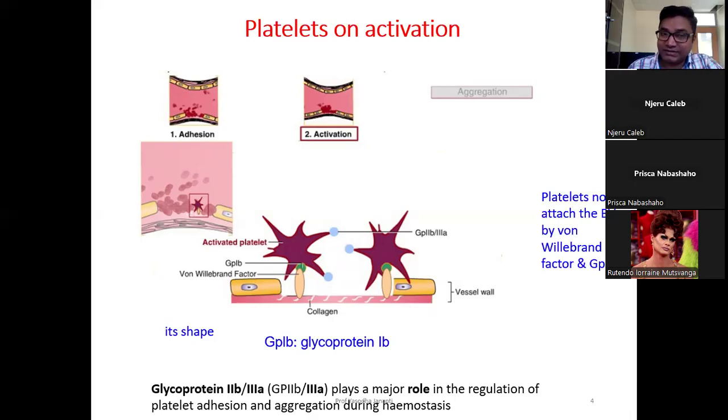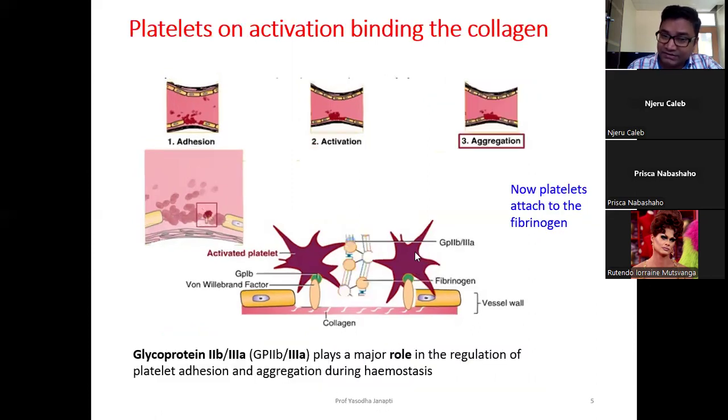This is how platelet aggregation occurs. Cross-linking occurs, fibrinogen comes and cross-links, and it stops bleeding. This is the normal process. Whenever there is a hemorrhage, this process occurs.